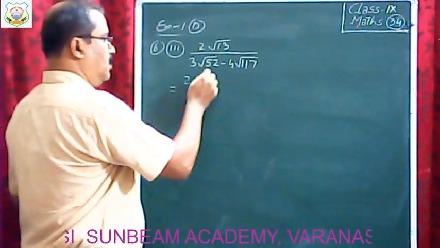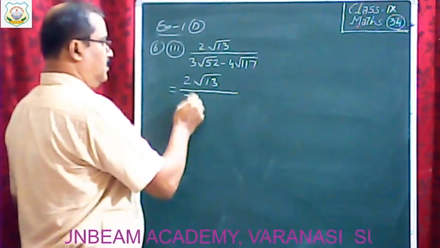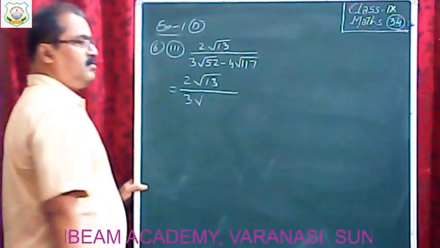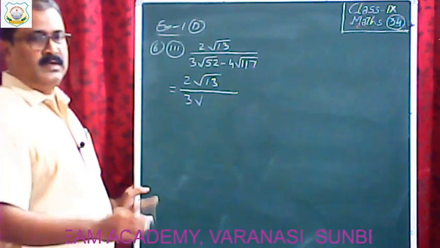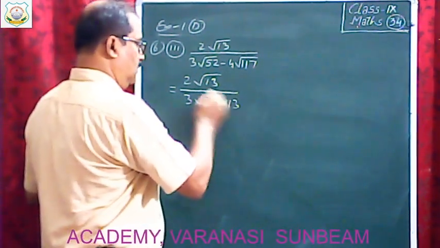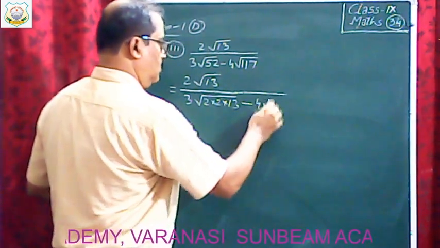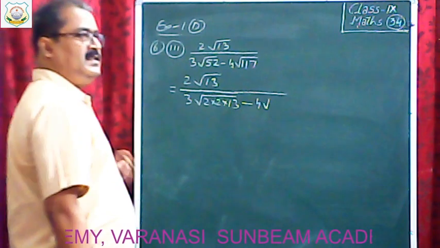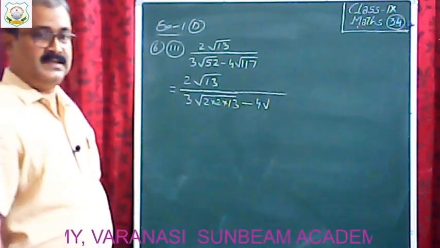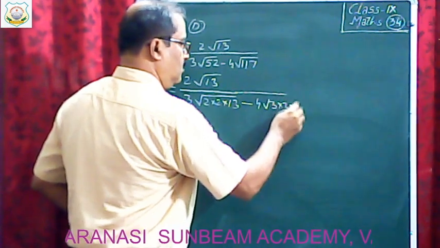So 2 square root 13 as it is, 3 square root 52. 52 means 4 into 13 and 2 into 2 into 13. Okay, minus 4 into 117 means 13 nines and 3 into 3 9 into 13.